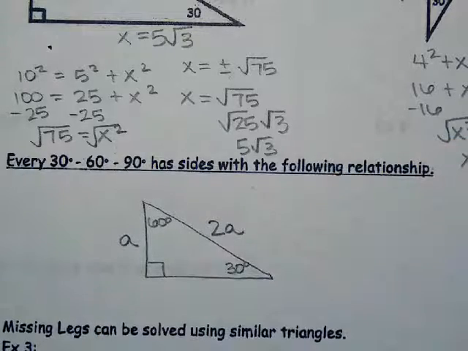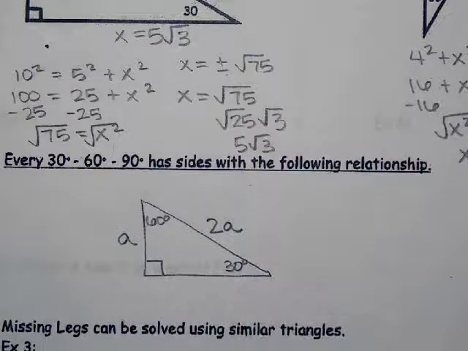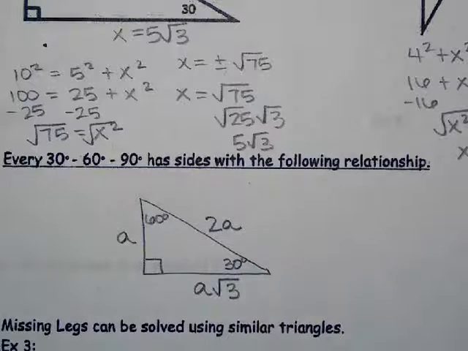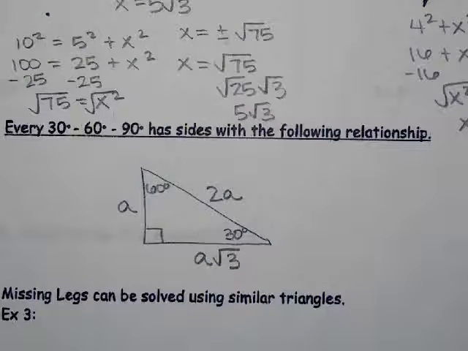And then what would the longer leg be? A root 3. Okay, so that is the relationship between the three sides of a 30, 60, 90 triangle. Always. They always have that relationship. A, 2A, and A root 3. Always.